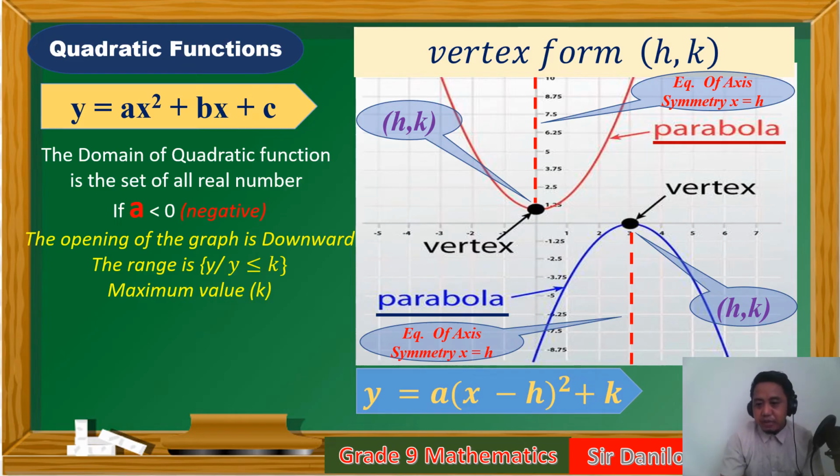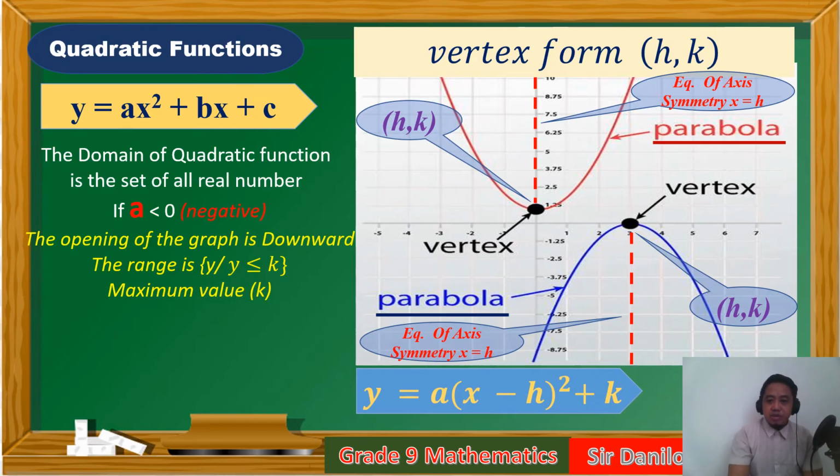Ito yung representation na A natin is negative. And the opening of the graph is downward. And then the range is a set of Y such that Y is less than or equal to the value of K. So maraming value yung K natin dito at saka H, mahalaga yan.